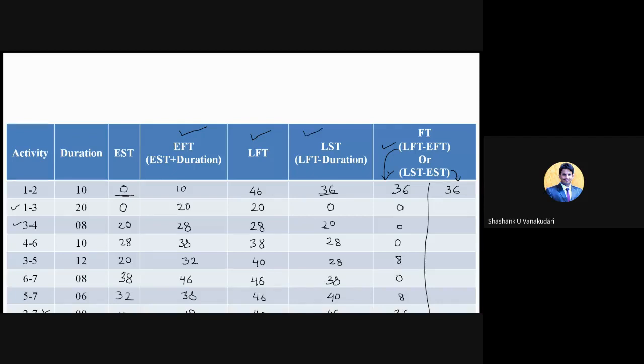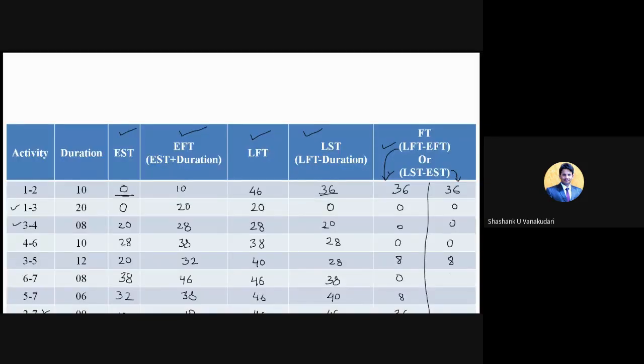This minus this. 36 minus 0 will be 36, and then 0 minus 0 is 0, and then 20 minus 20 will be 0, and 28 minus 28 will be 0, and then 28 minus 20 will be 8, and then 38 minus 38 will be 0, and then 40 minus 32 will be 8, and then the last one 46 minus 10 will be 36.